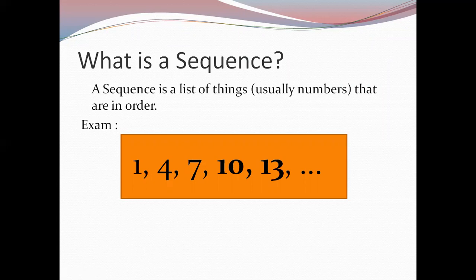Example: 1, 4, 7, 10, 13. 1 is the first term, 4 is the second term, 7 is the third term, 10 is the fourth term, 13 is the fifth term.